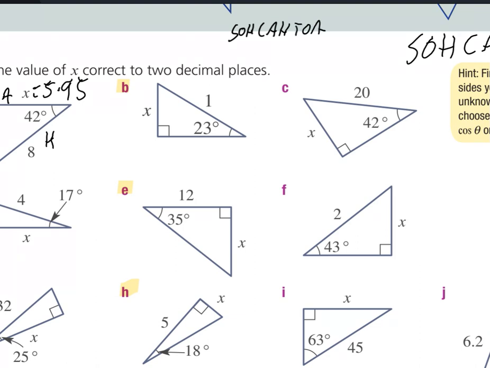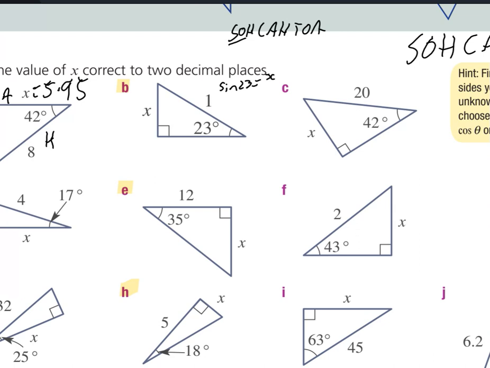Okay, so I have got my opposite and my hypotenuse, O and H, which means I have to use sine. So it's going to be sine 23 equals opposite x over 1, which means it's just going to be the same as being x.